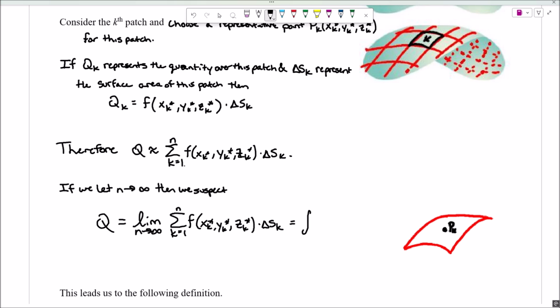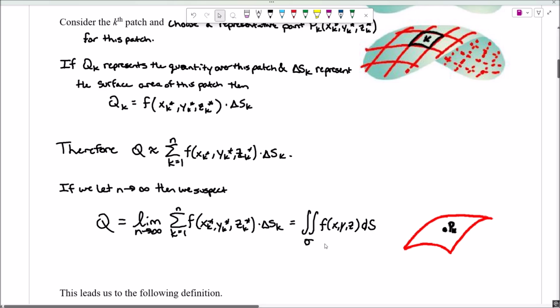But in general, this could be thought of as just a double integral over the surface sigma, where I have my function f of x, y, z multiplied by this dS. Notice here this is a capital S because I'm measuring surface area, and not a lowercase s like we have with line integrals, where we were talking about an amount of arc length.